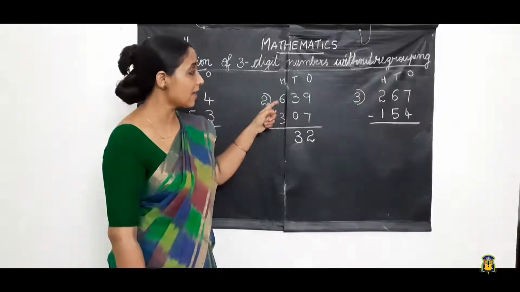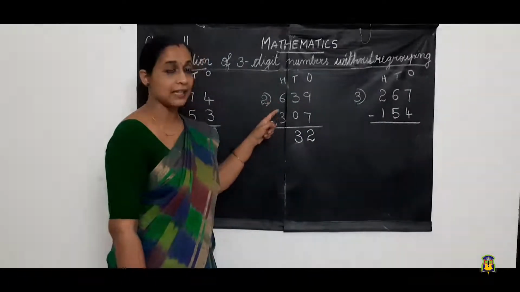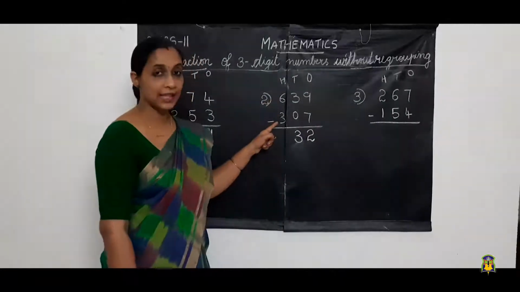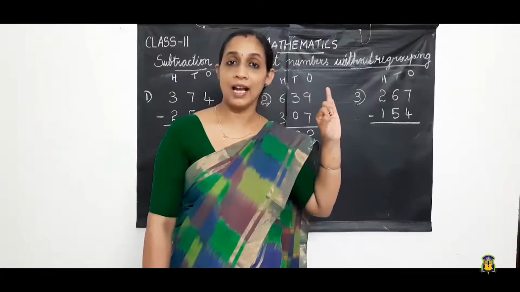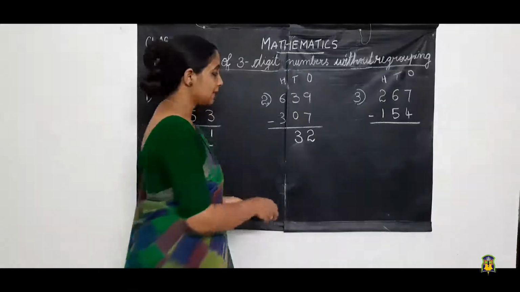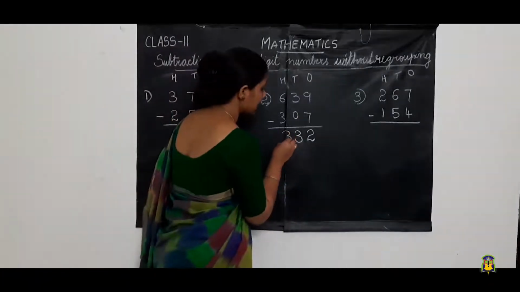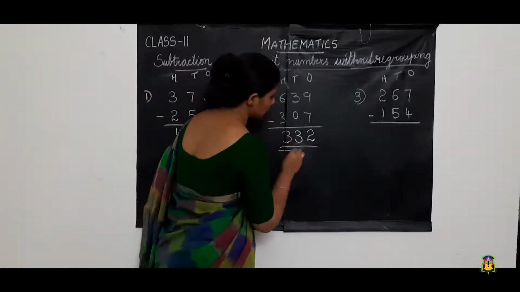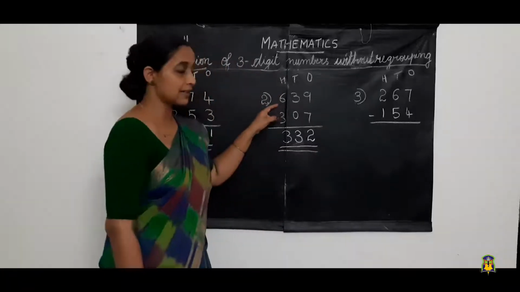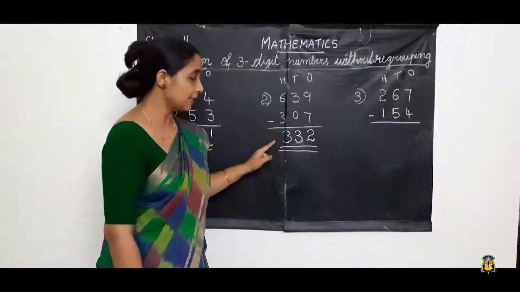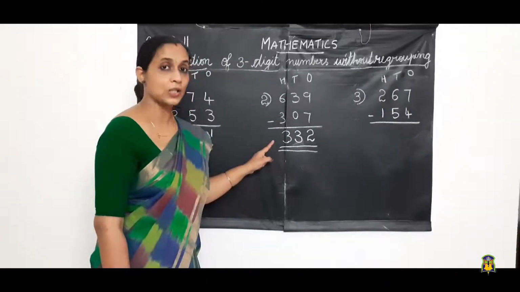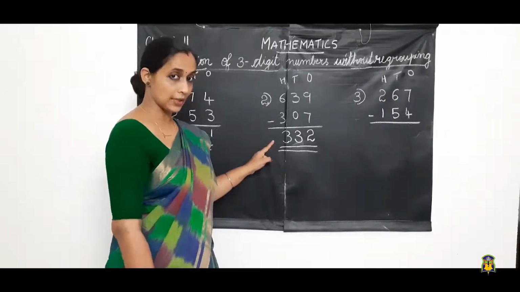Hundreds place, we have 6 and 3. 6 minus 3. 6 in mind, 3 in hand. Before 6, 5, 4, 3. So, the difference is 332. So, the difference between 639 and 307 is 332. Okay, did you understand?